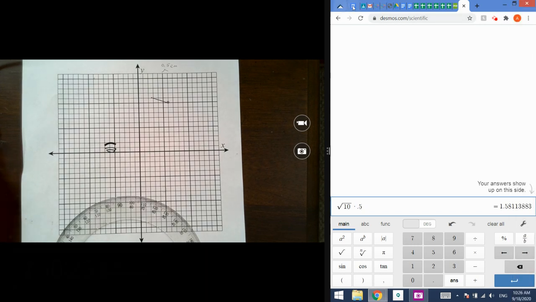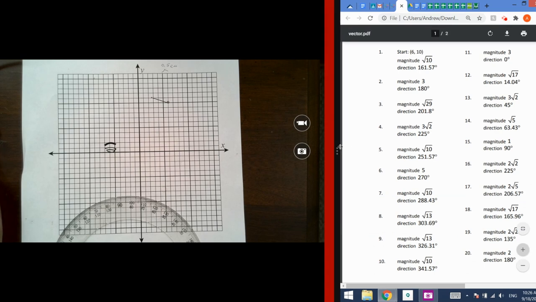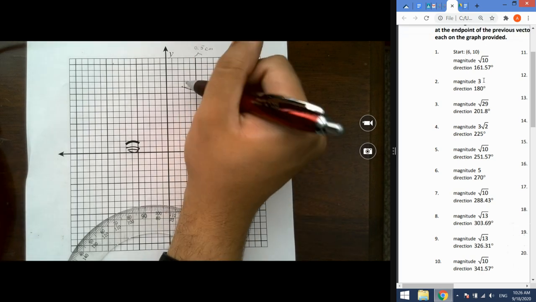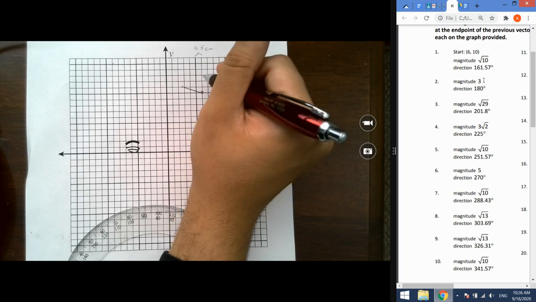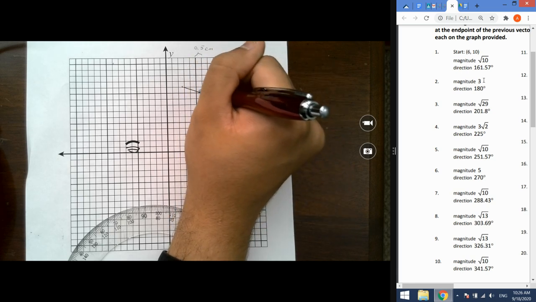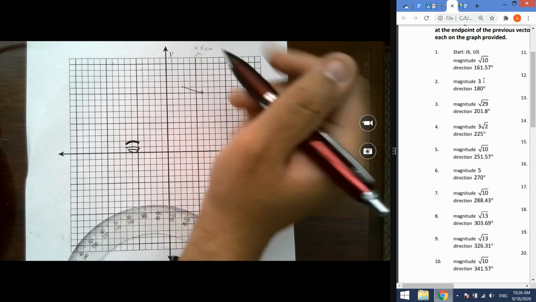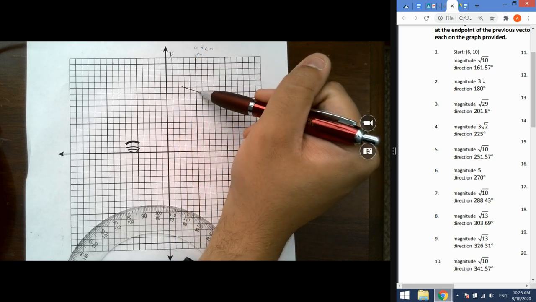So we're going to continue step 2 with a magnitude of 3 this time. So this was a direction of 161.57 degrees, approximately, with a magnitude of root 10.